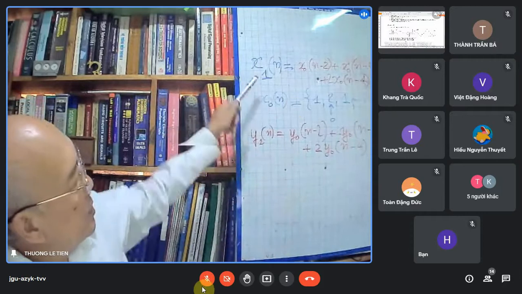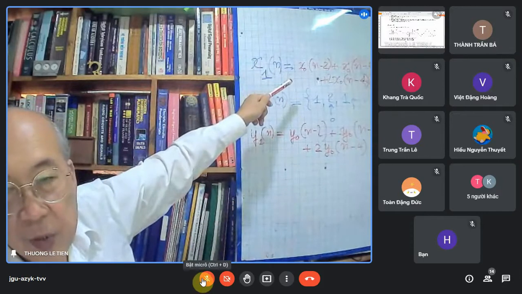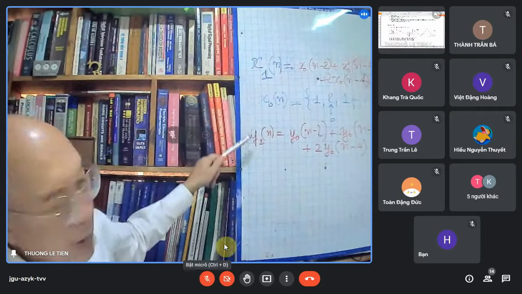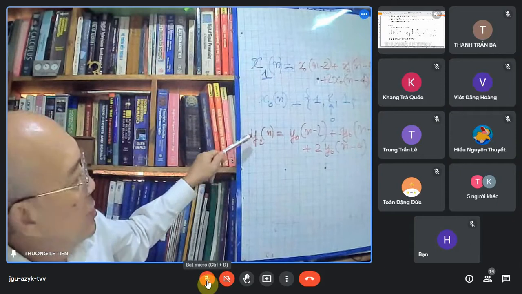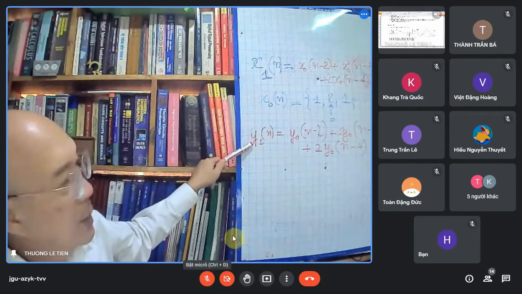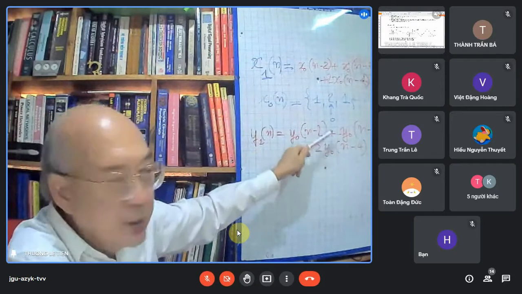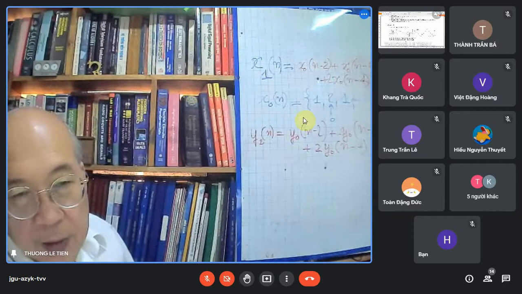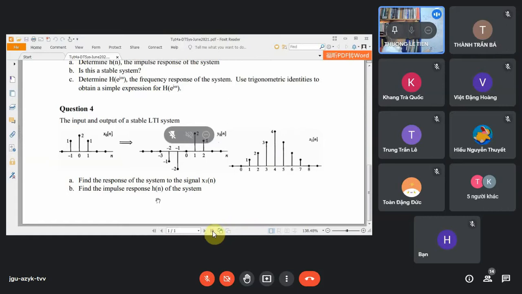Then when we get each one as a function of E0, we can work out the output, or the response of the system to the signal is 1n, by taking the linear combination. Now, how can we find out y1n?